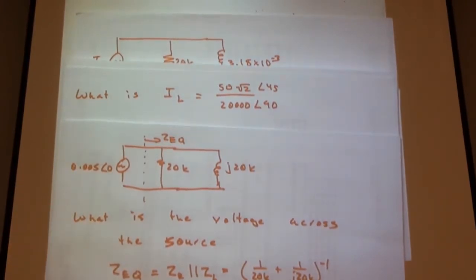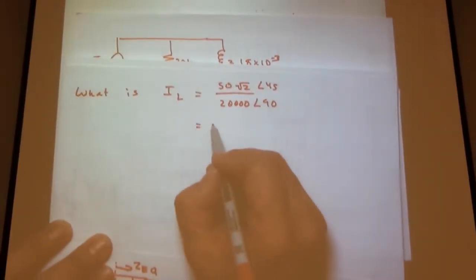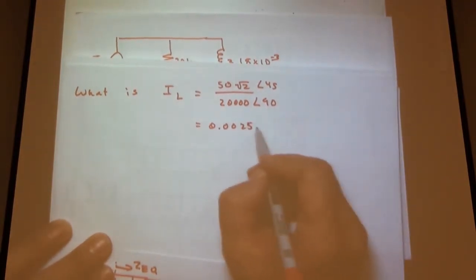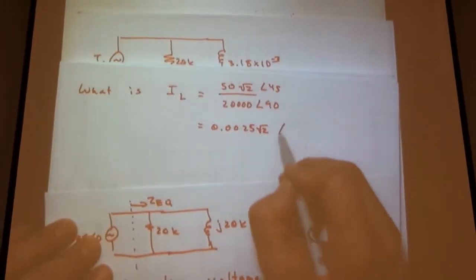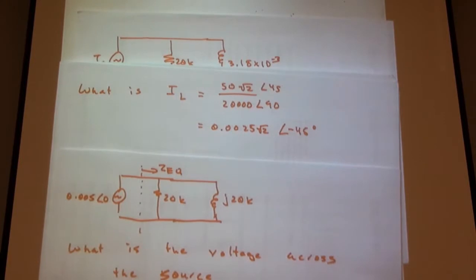Right? Angle positive 90 degrees. And we can do that out. And we wind up with maybe 0.0025 square root of 2, angle minus 45 degrees. And there's our current through our inductor.